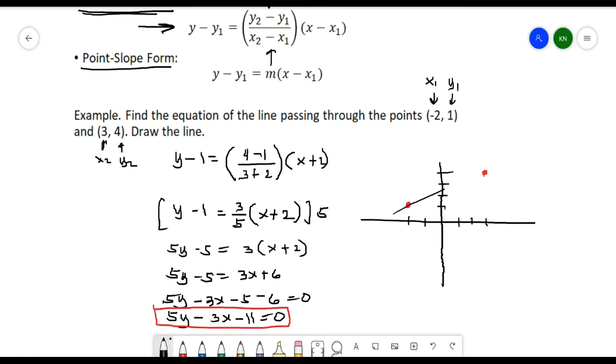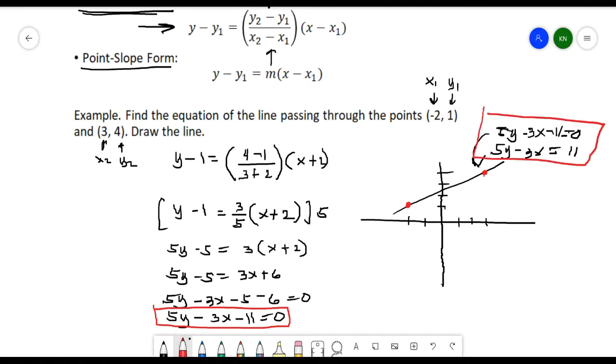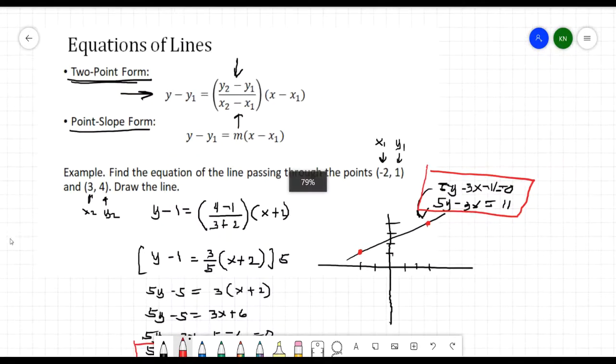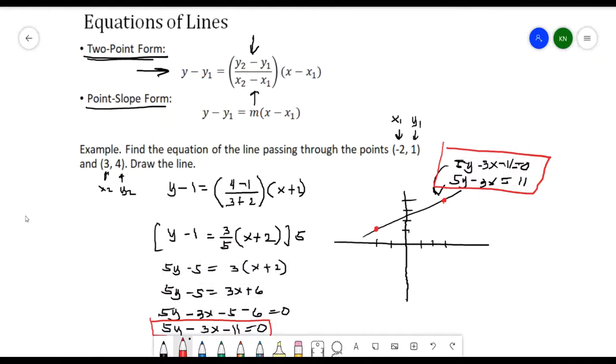The equation of this line is 5y minus 3x minus 11 is equivalent to 0. Also, that is equivalent to 5y minus 3x is equivalent to 11, which is just the same. So this is now the equation of our line using the two-point form and the point-slope form. So that is how we get the equation of the line.